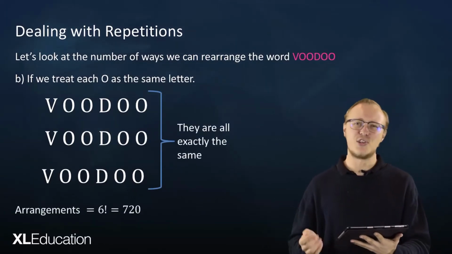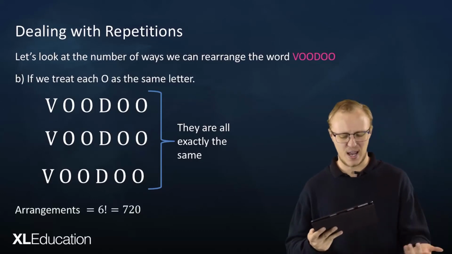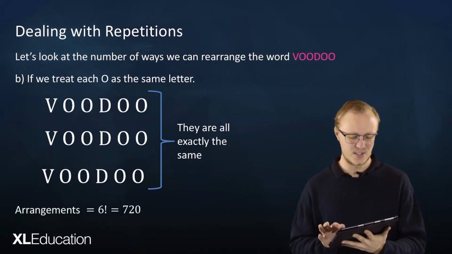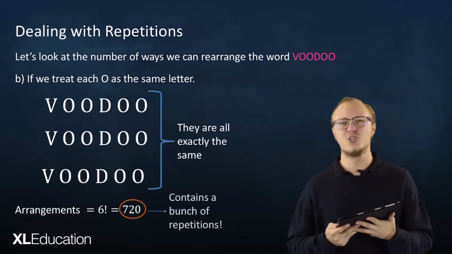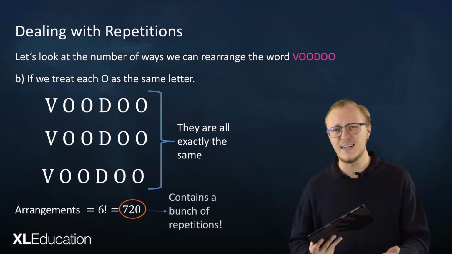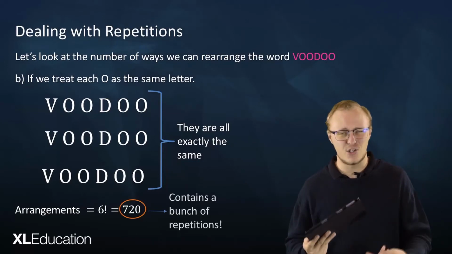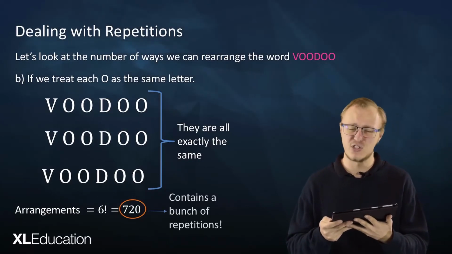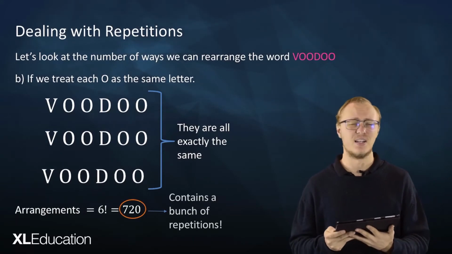So the solution that we had for option A, where we had 720 different arrangements, is going to be far too big. It's going to contain a bunch of repetitions that shouldn't be there if we're going to treat each O as the same letter.